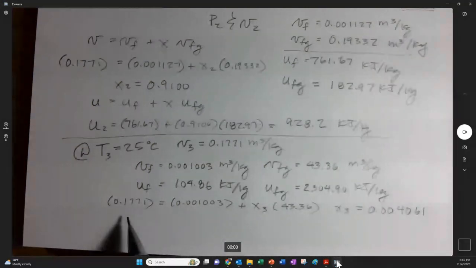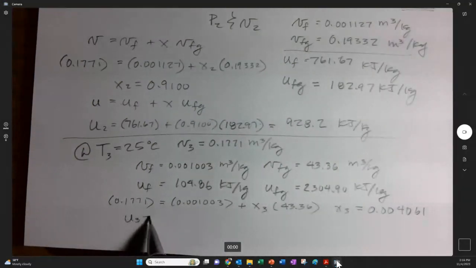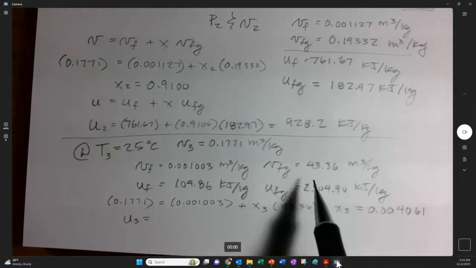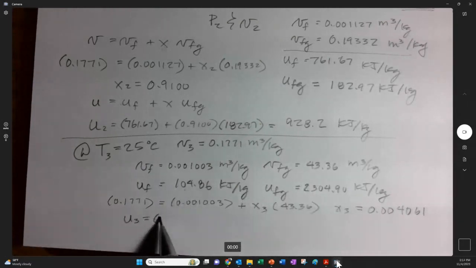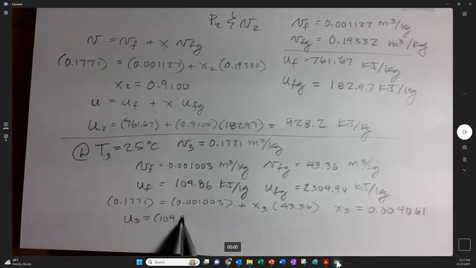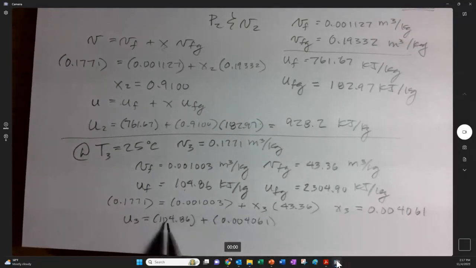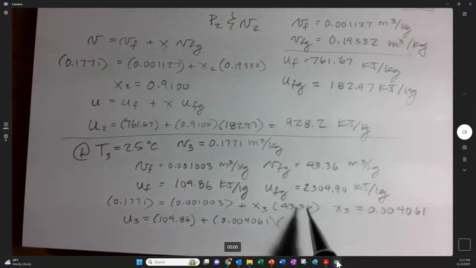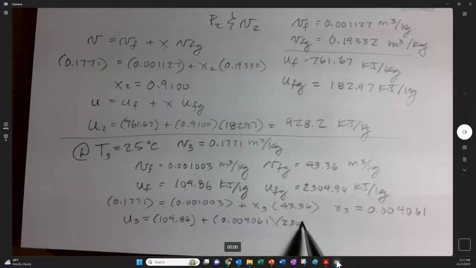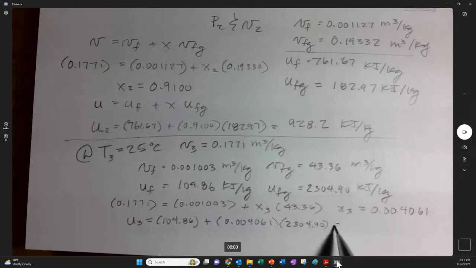Okay, so now I'm going to find what U3 is going to be, which is this 104.86 plus that 0.004061 times 2304.90.